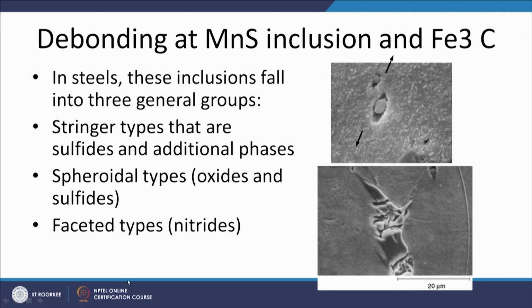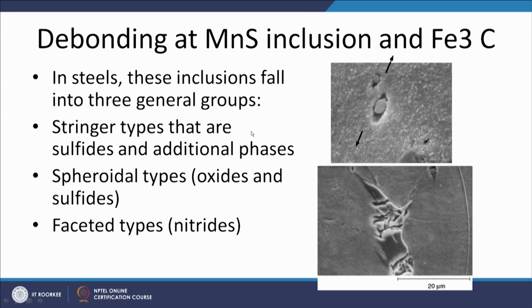And when a hard brittle particle is present at the boundary and it gets fractured, in that case also voids will be formed. Iron carbide is present in this case, and its fracture facilitates the formation of the voids and the gaps.